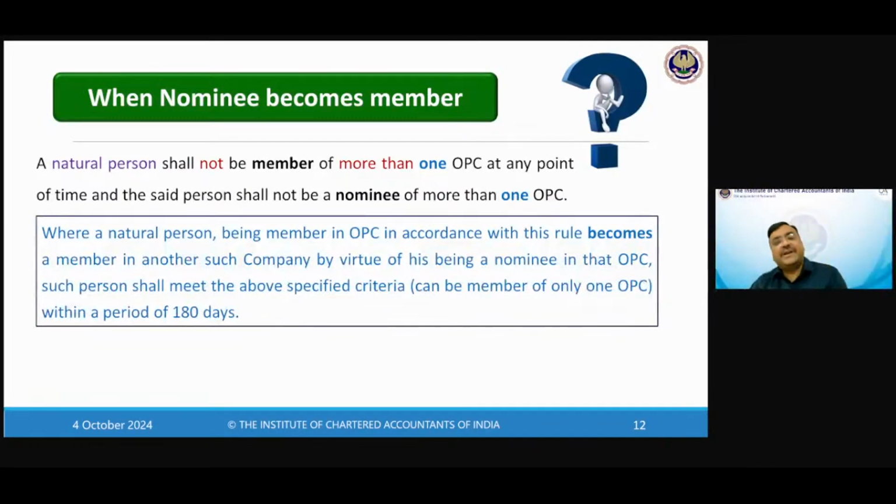Now we have the 180 days to fulfill the criteria of one member, one person can be a member in one, right? Please read it carefully. Please note 180 days because it may be a practical question, descriptive question in your exam on this time of 180 days.